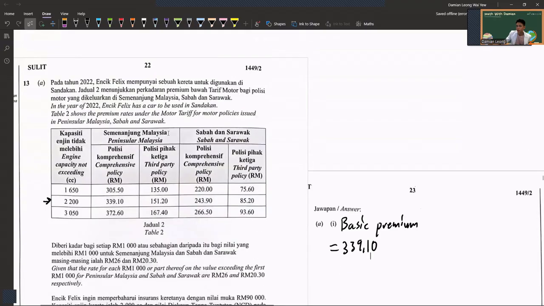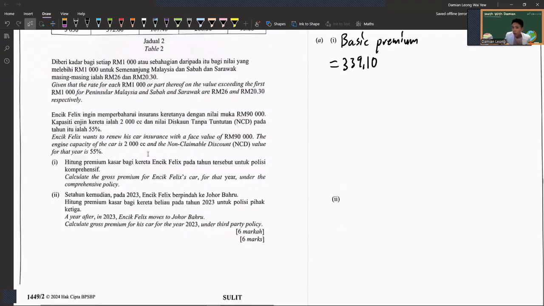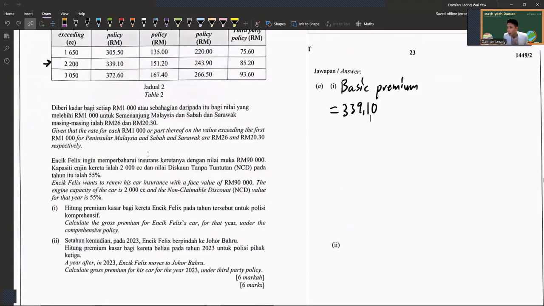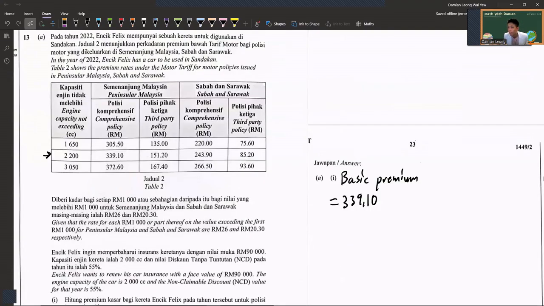Hold on, where is he in? Sandakan. Sandakan should be Sabah Sarawak. So 243 ringgit 90 cents. You have to be aware whether it is Sabah Sarawak or Peninsular Malaysia. So 243 ringgit and 90 cents plus, for the first 1,000 means I have another 89,000 ringgit.